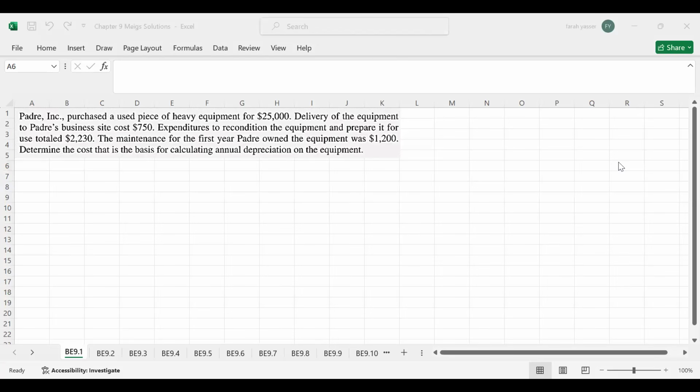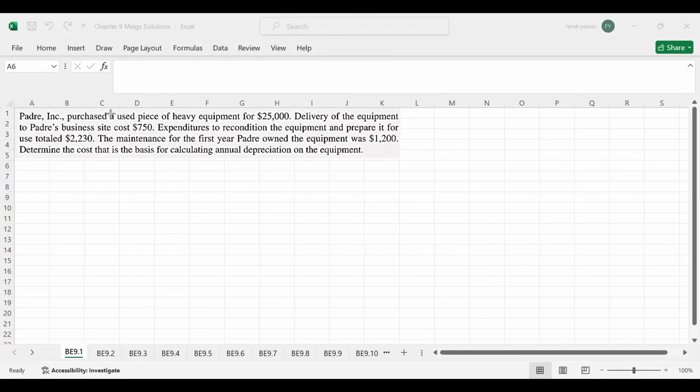This is the first lecture. In this first lecture, we will learn how to calculate the cost of the asset, and how to differentiate between capital expenditure and revenue expenditure. We will cover three exercises in this lecture. In lecture number one, we will extract important data.